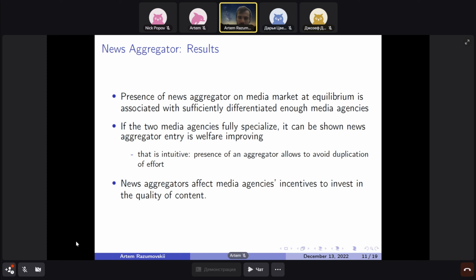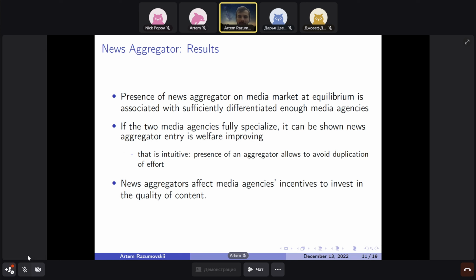That means that you produce high quality on different topics. But now assume that you don't want the aggregator to enter the market. Then you will produce the same high quality topics for both agencies.